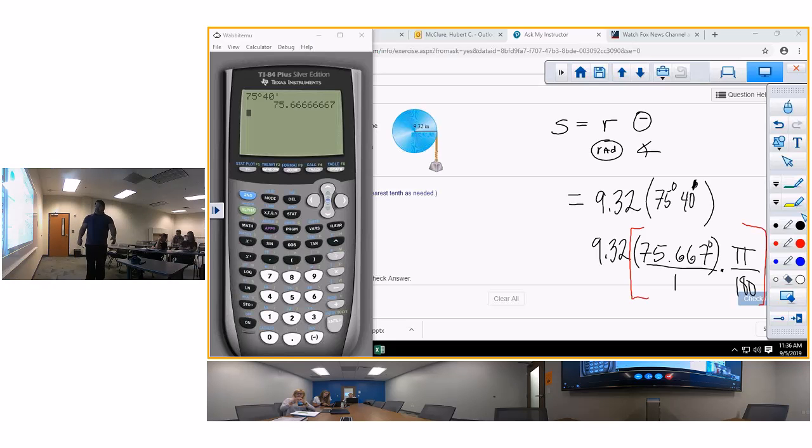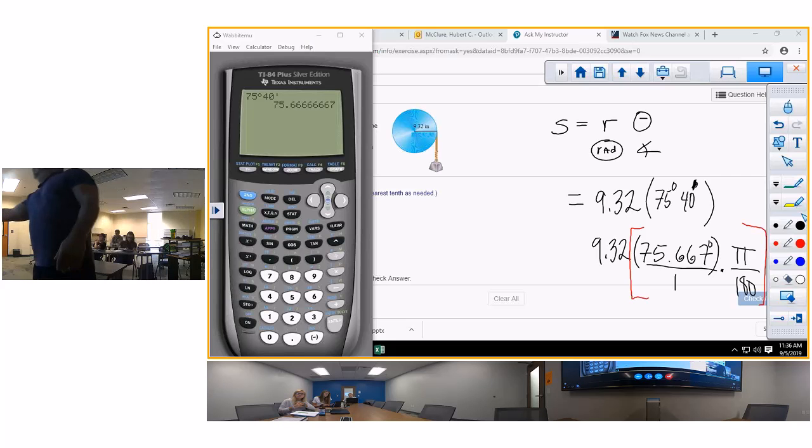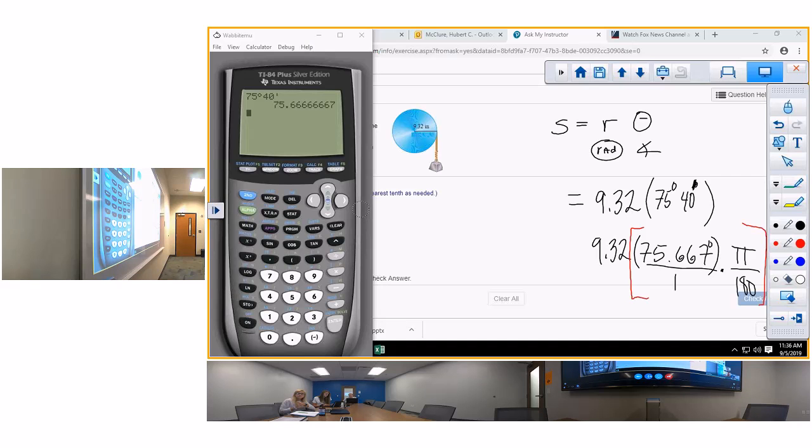Now, somebody tell me where pi is because I can't see this blue and this green. It's under clear.